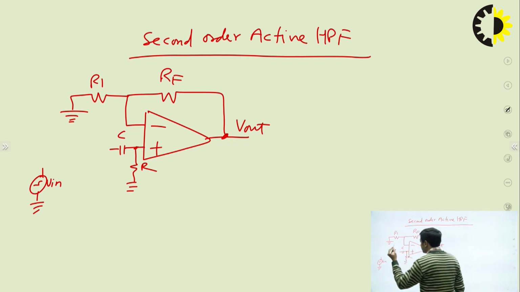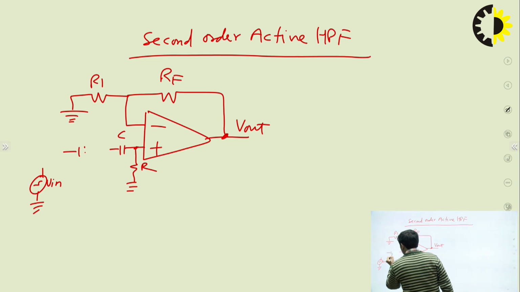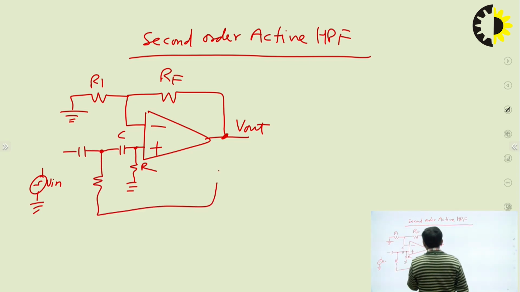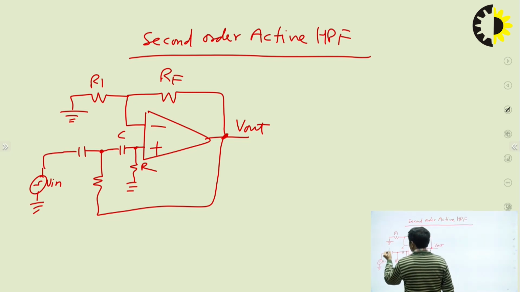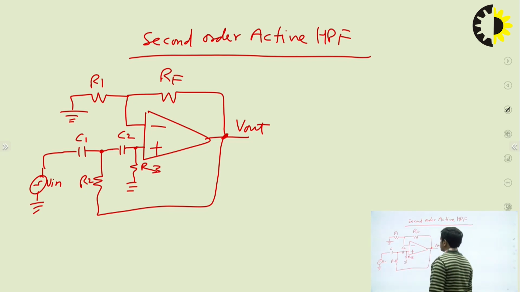Now we have to add one more RC section. We will connect one more capacitor, and one resistor is connected in the feedback path. Right now, this V is applied at this capacitor. Let's say this capacitor is C1, this is C2, and let's say the resistors are R2 and R3. So this is the circuit for the second order active high pass filter.